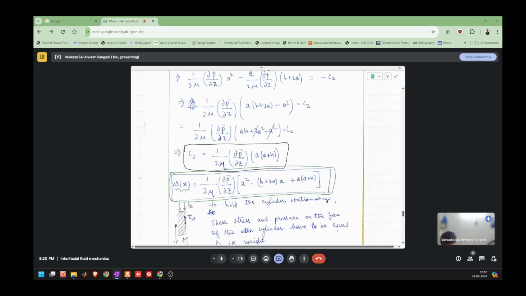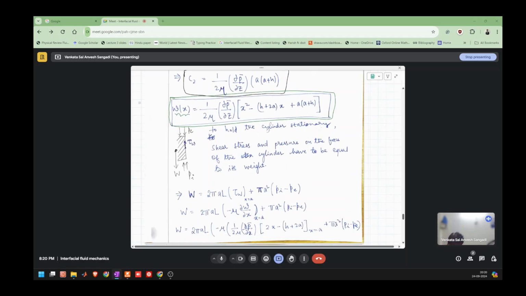Once we have the equation for w, we again balance the forces, that is the weight W is balanced by the viscous force and the difference in pressure. So it is basically pressure into area, delta P into area.